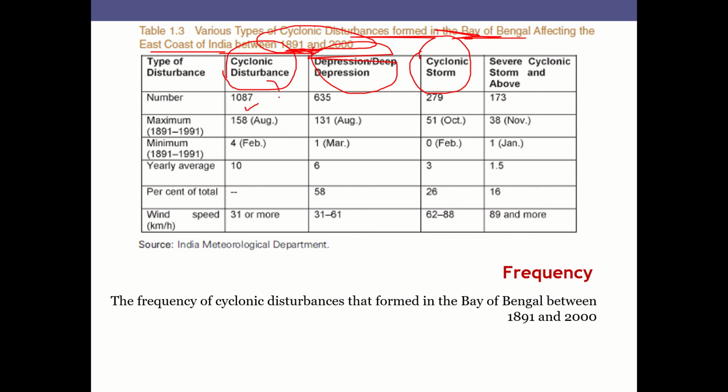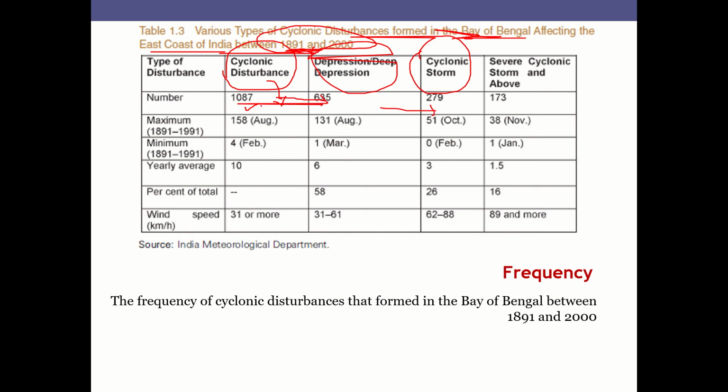When we say disturbances, I hope now you are able to recollect, there is a high possibility that this disturbance can turn into depression, which can in turn turn into cyclone.